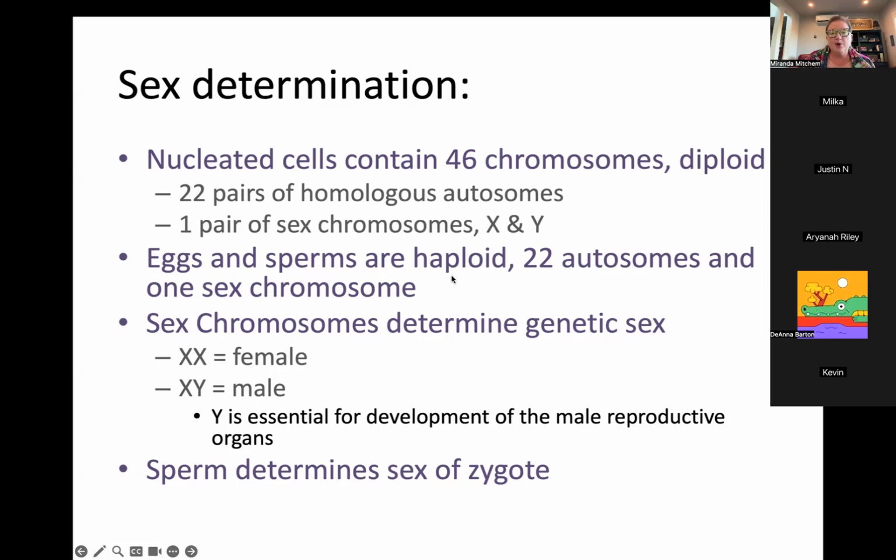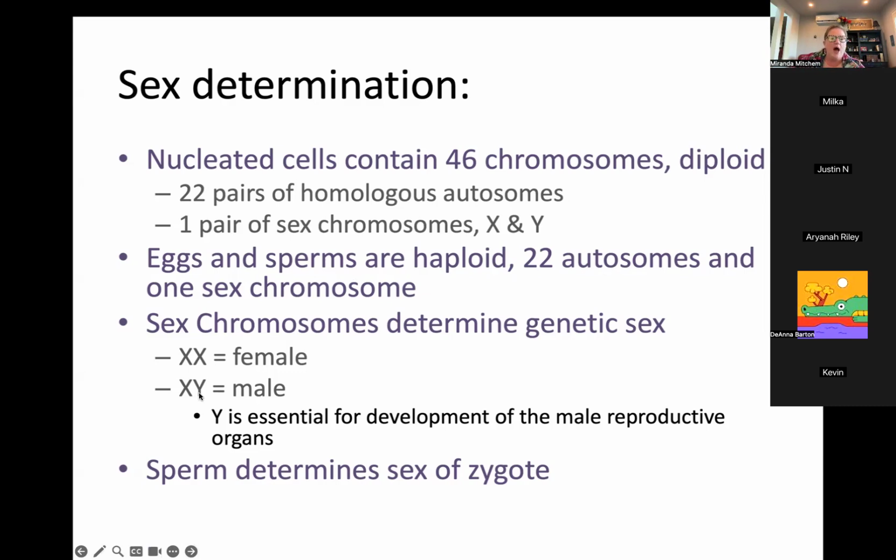Now, the eggs and sperm aren't diploid. They go through that extra round of cell division in meiosis, so that we end up with them being haploid, only containing one copy. Because what happens with fertilization? You're bringing them back together again, and that gives us back two copies, which would be diploid.